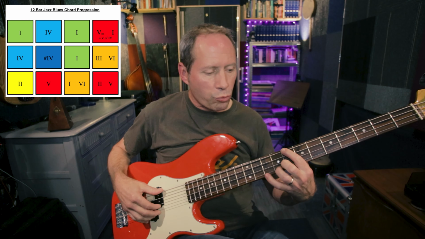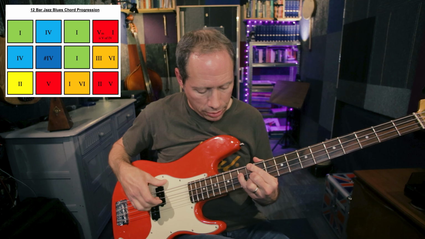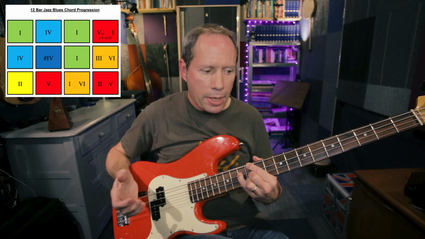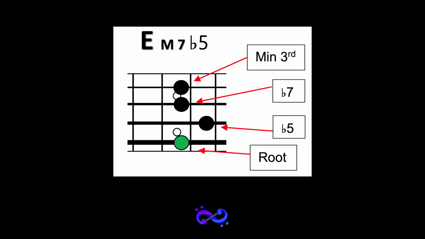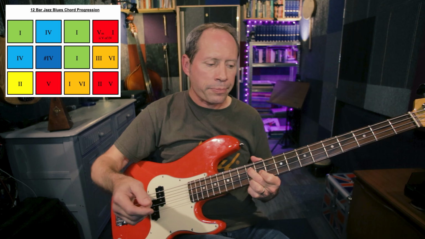From there, bar 7, we're back to chord 1 again. Bar 8, we go from chord 3, which is a minor 7 flat 5 chord, to chord 6, which is a dominant chord.